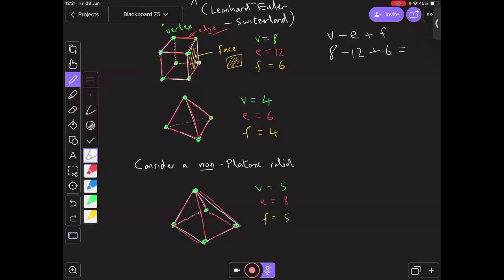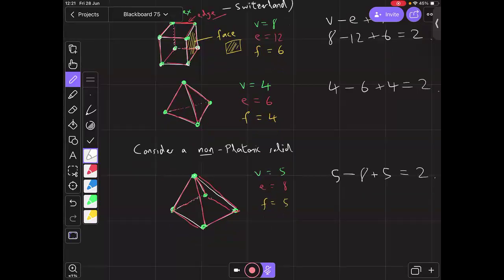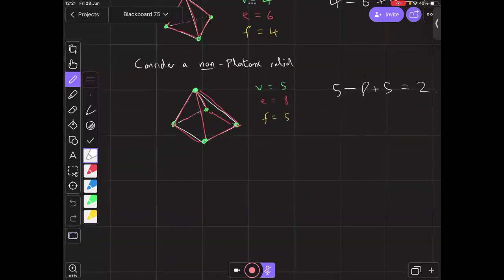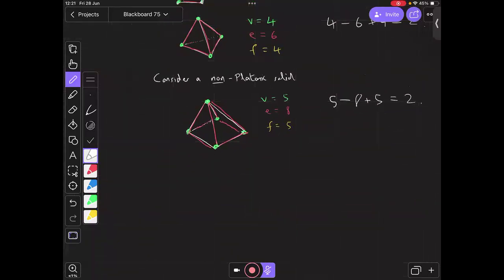It must equal 2. Yeah, correct. In this case, 4 minus 6 plus 4 equals 2. In this case, 5 minus 8 plus 5 equals 2. Beginning to see a pattern here? Yeah, the result is always 2. So this is Euler's theorem.